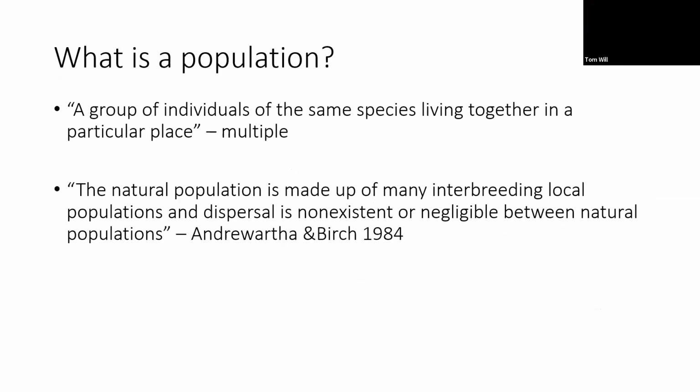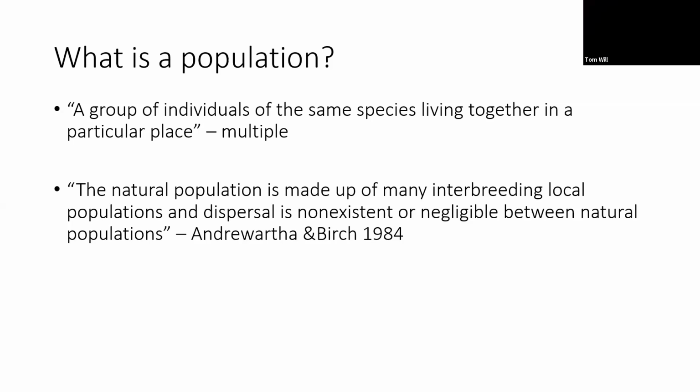There's this Andrewartha and Birch paper, which you probably all had to read at some point in your classic papers in ecology. They spent an entire chapter of this book on this idea of what they call natural populations. And they tried to be a little bit more specific about the ability to interbreed, right?